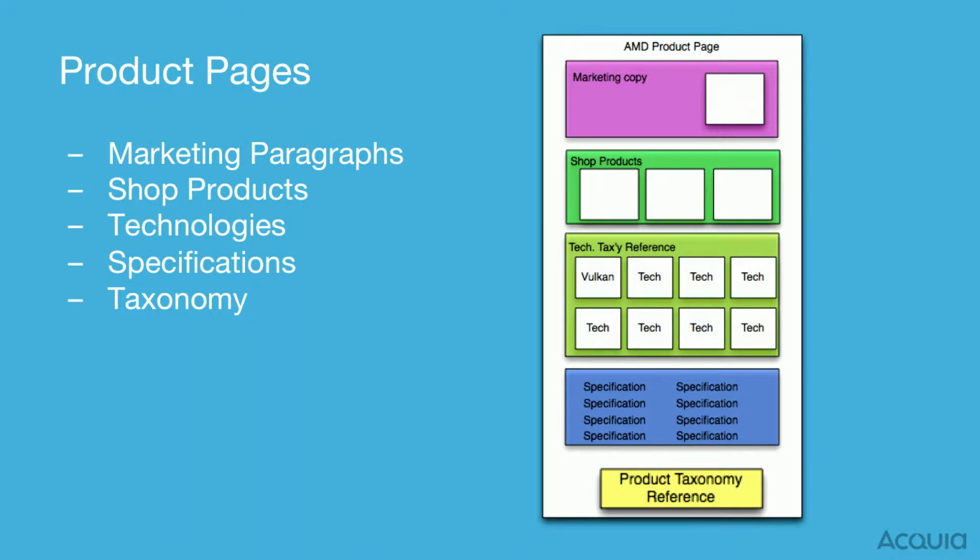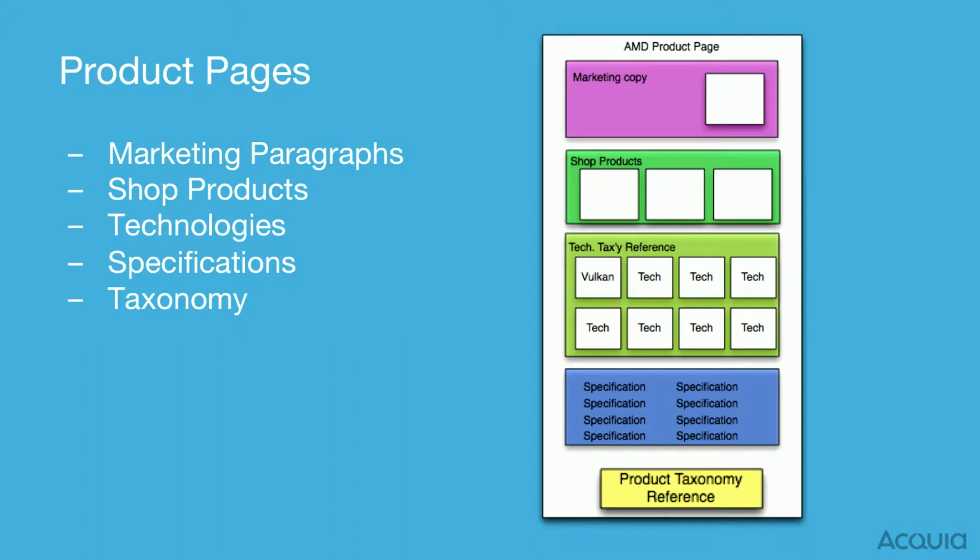Any featured technologies that this product has are going to display here. And beneath that we've got the specifications, those entities that have anywhere from 30 to 75 fields. That's all displaying on this page as well.